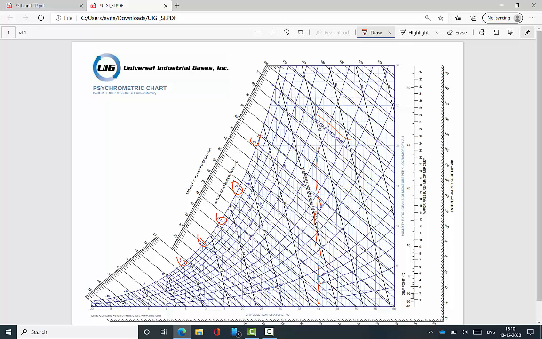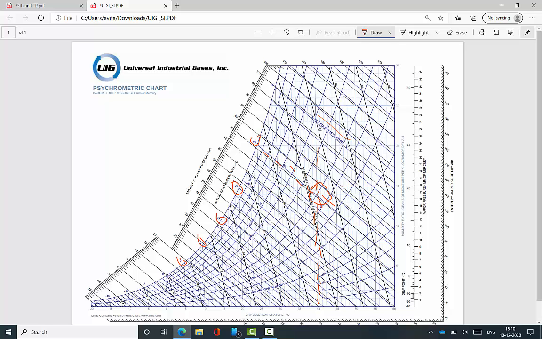From 25, I first thought to draw a line parallel to the enthalpy line, but that is wrong, because the wet bulb line is an inclined line. Therefore, if you follow the inclined line and intersect the vertical line from the 40°C dry bulb temperature, we get one intersection point, which is our required point.